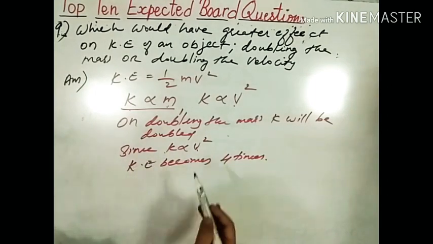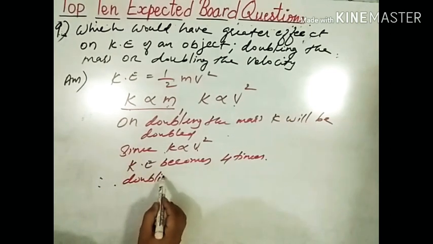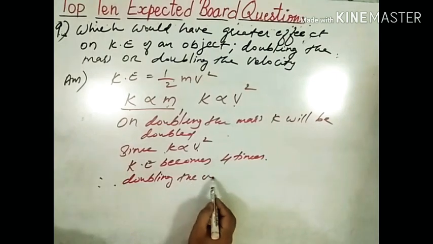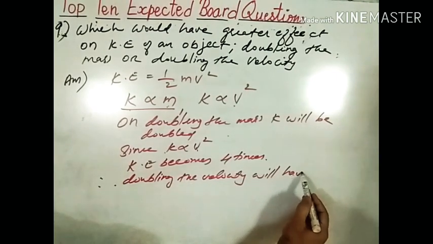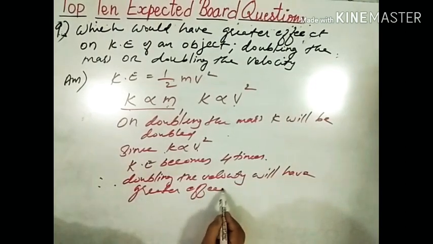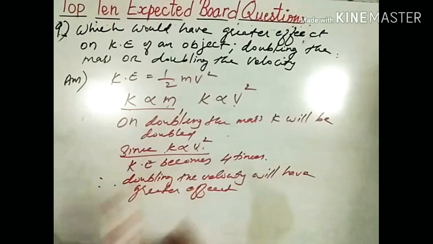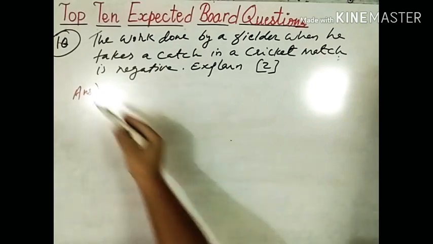Therefore, doubling the velocity will have greater effect, because kinetic energy is directly proportional to the square of the velocity. All right?